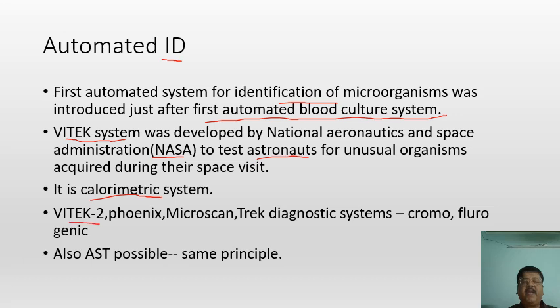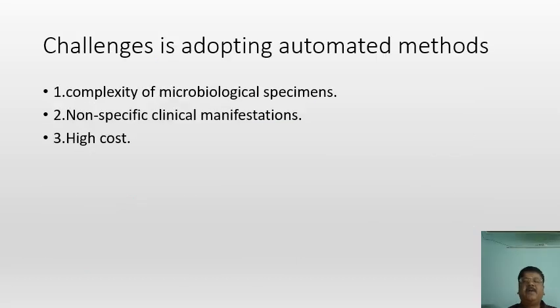The examples are Vitek 2, Phoenix, MicroScan, and Dade diagnostic systems, and these use a chromogenic or fluorogenic mechanism for detection of growth. Antimicrobial susceptibility testing is also possible, and the same principle is utilized for detection of antimicrobial resistance.